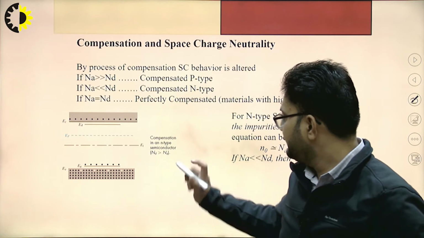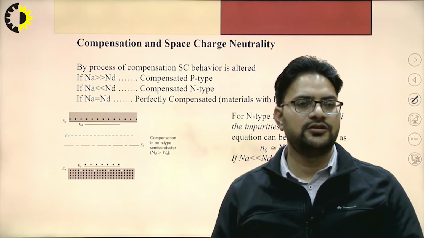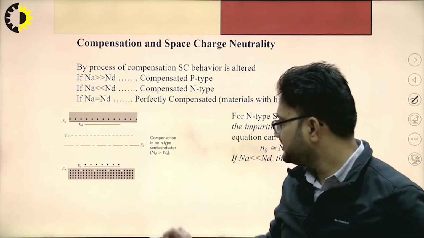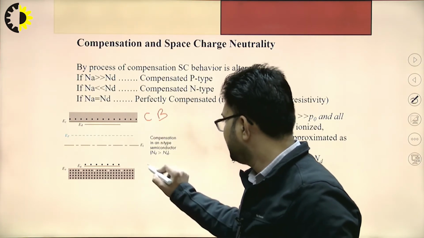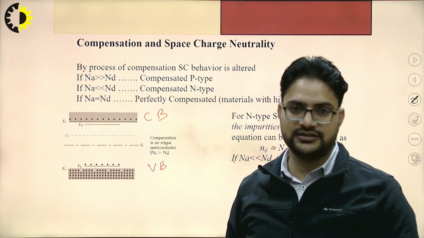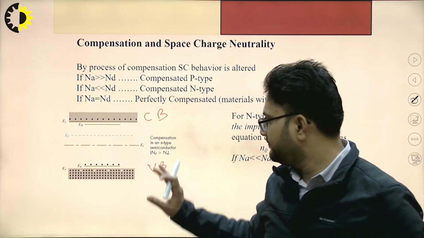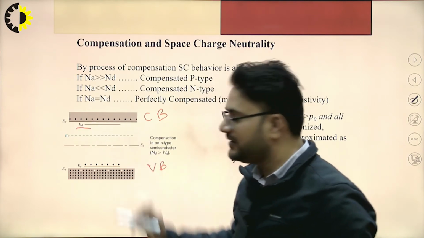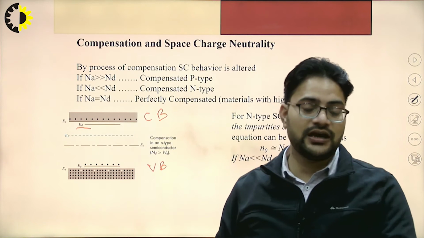If you see compensation in an N-type semiconductor material in which the number of donor ions is much greater than the number of acceptor ions, consider this as the conduction band and this as the valence band. A discrete energy level is created just below the conduction band, denoted by Ed, and this energy level is called the donor ion energy level.